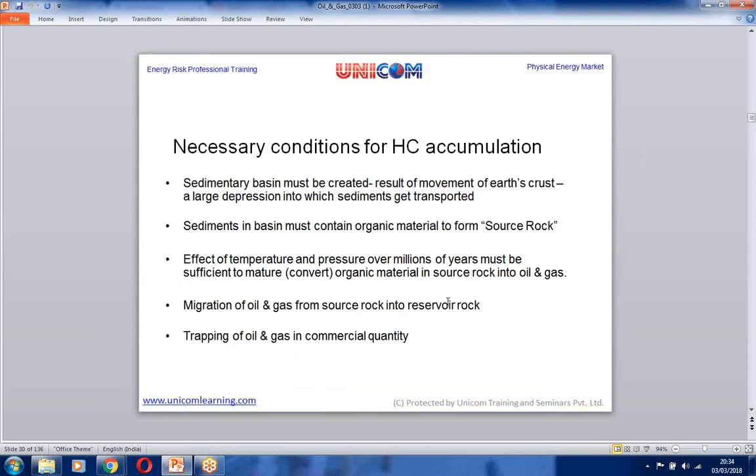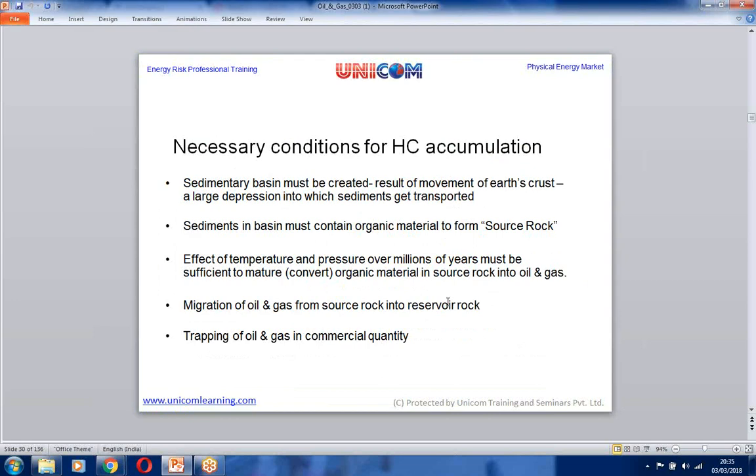So the necessary conditions for hydrocarbon accumulation: a sedimentary basin must be created as a result of movement of the earth's crust, a large depression into which sediments get transported. Sediments in the basin must contain some organic material to form the source rock. Then, over the effect of temperature and pressure over billions of years, the organic matter in the source rock gets converted into oil and gas.